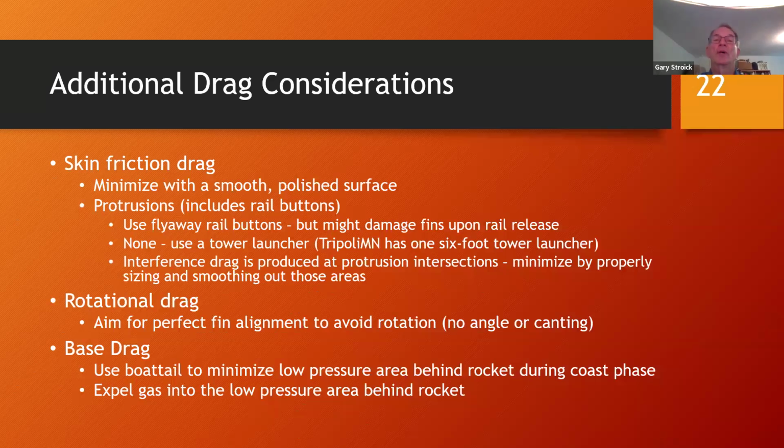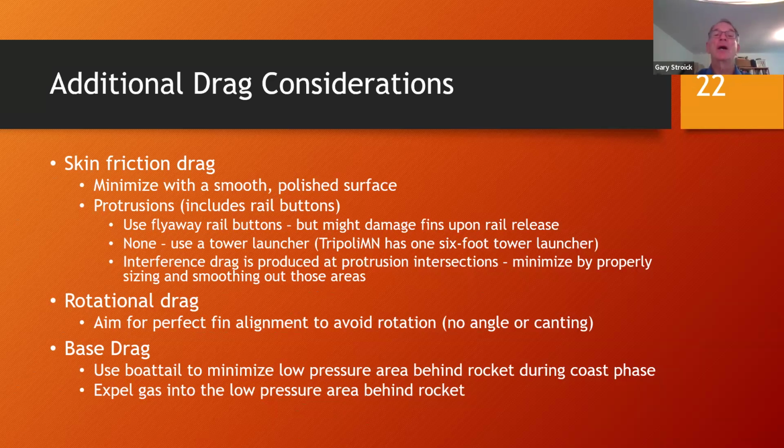At Tripoli Minnesota, where we're having the competition, we have one of those available. The rails are 6 feet long, so that's the maximum length of that particular tower launcher, and it could potentially be used.